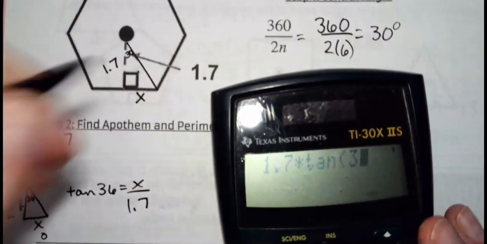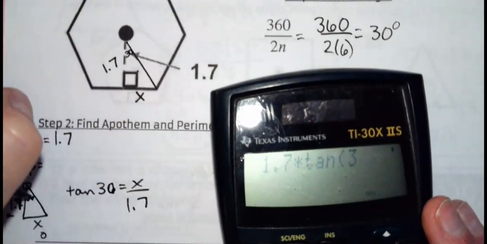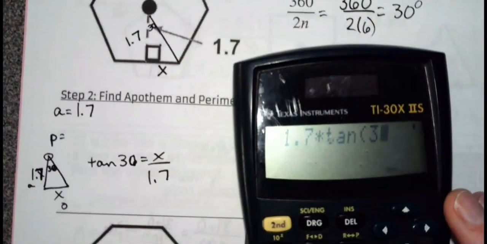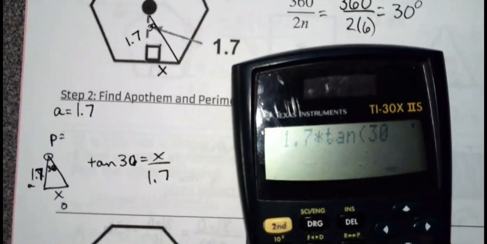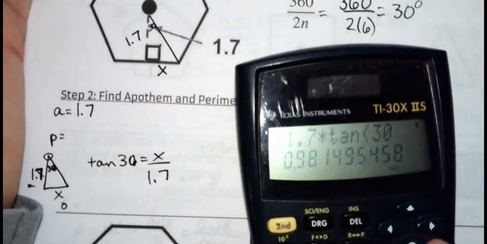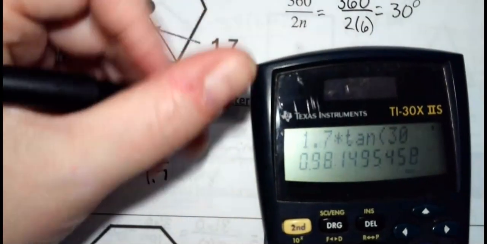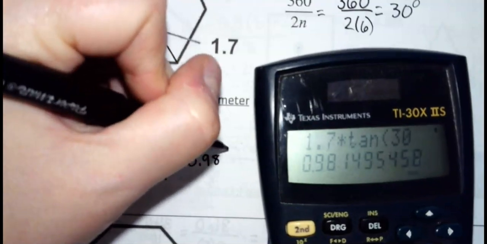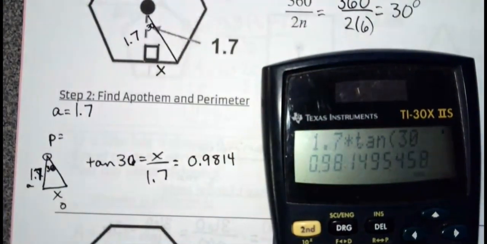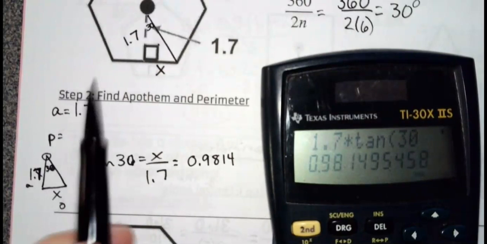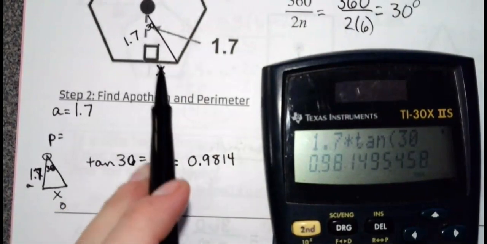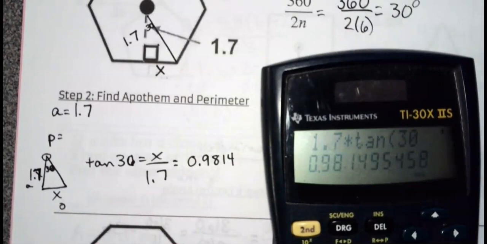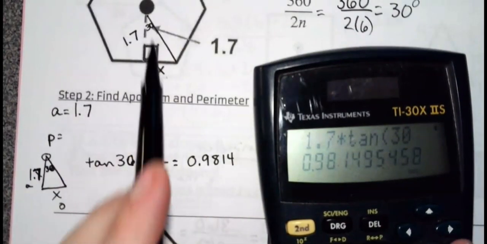Oh, I wrote 36 on accident. My bad. This is 30. Accidentally wrote 36, so let's change that to 30. Alright. And so this side length is like 0.9814. So it's a small number, which makes sense because it needs to be a smaller number since it's across from there.